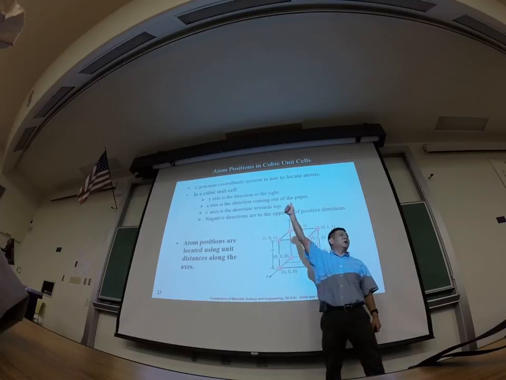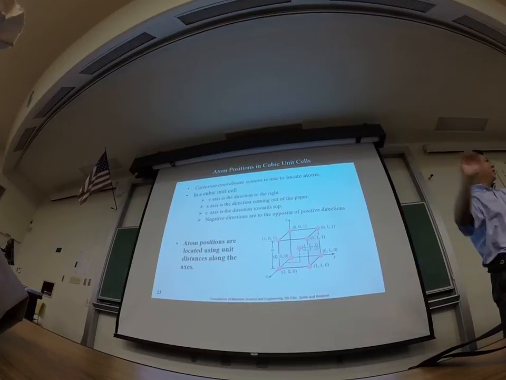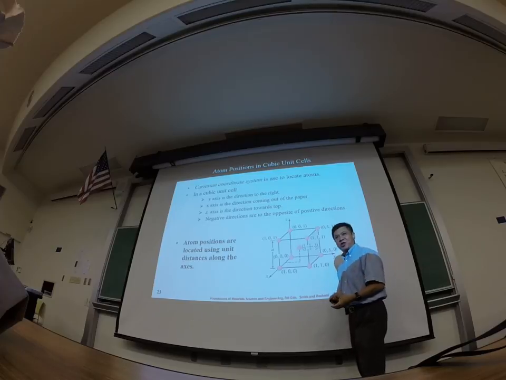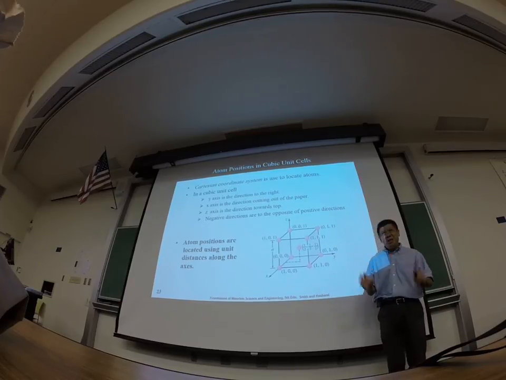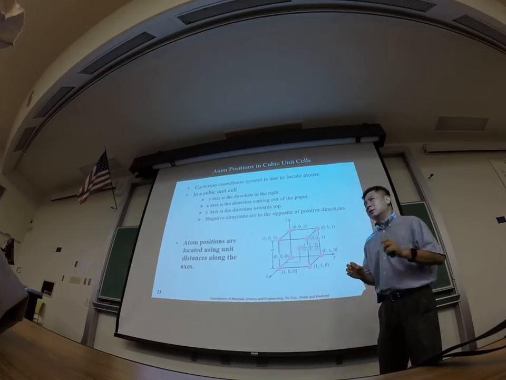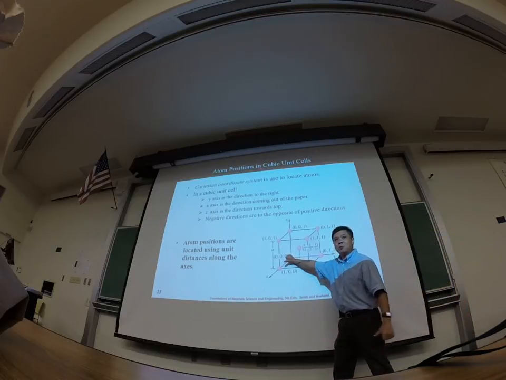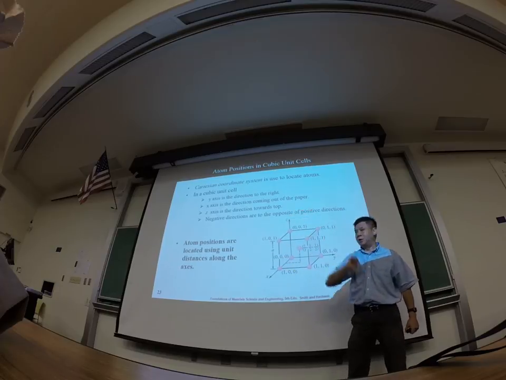Z is pointing up in the screen. You need to know this definition. This is a little bit different from the definition in other chemical engineering classes, so the positive x direction is pointing out.